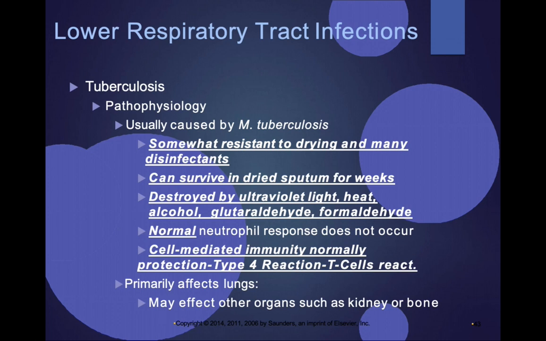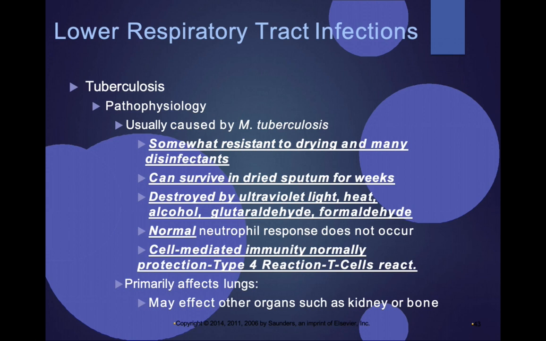Okay, but the normal neutrophil response does not occur, and there is cell-mediated immunity. And if you think back to the cell-mediated immunity, that's your type 4 reaction, which involves T cells.